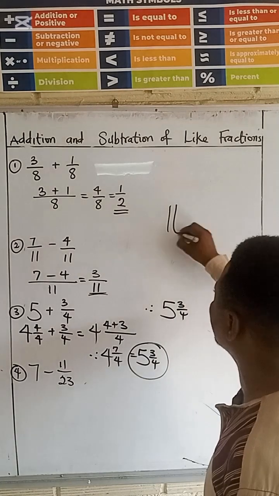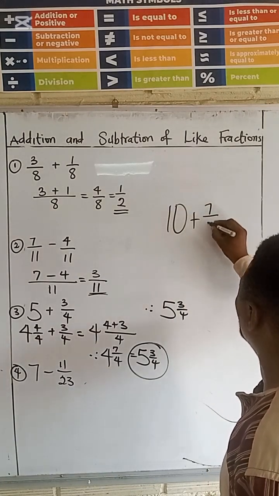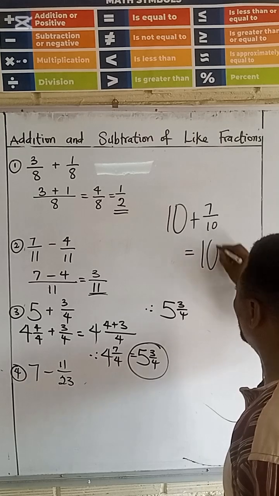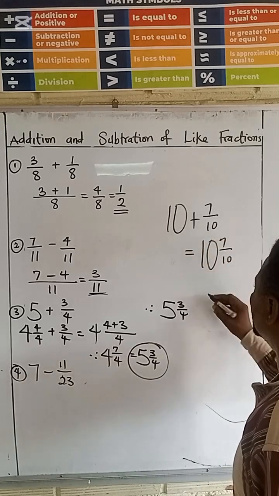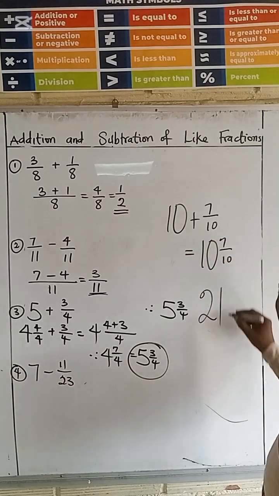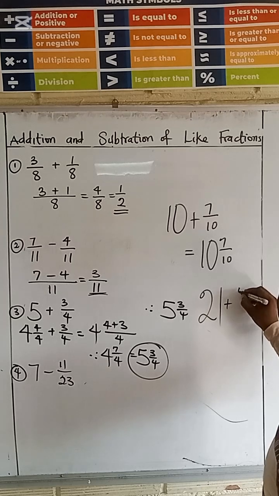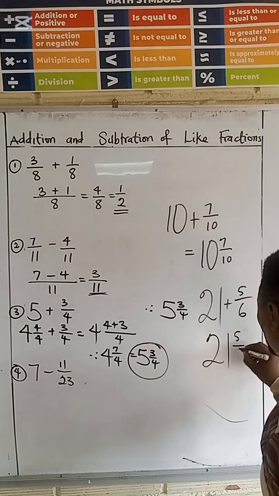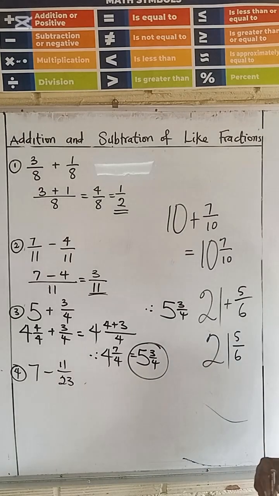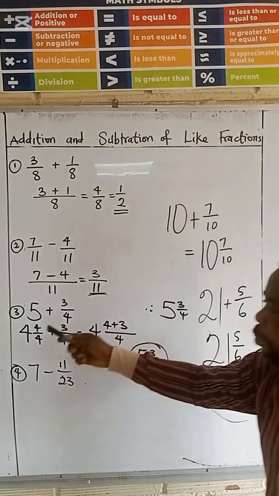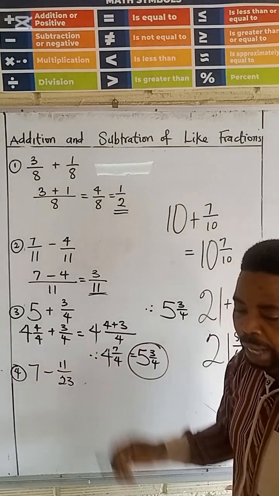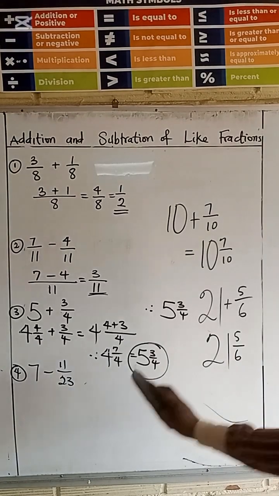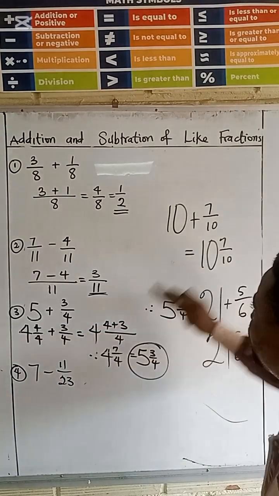Look at this one. 10 plus 7 over 10 is the same as 10 whole number 7 over 10. If you say 21 plus 5 over 6, it's the same as 21 whole number 5 over 6. I think you are convinced now that this is very simple. You don't need to go through this way to get your answer. You can just join the two of them together.